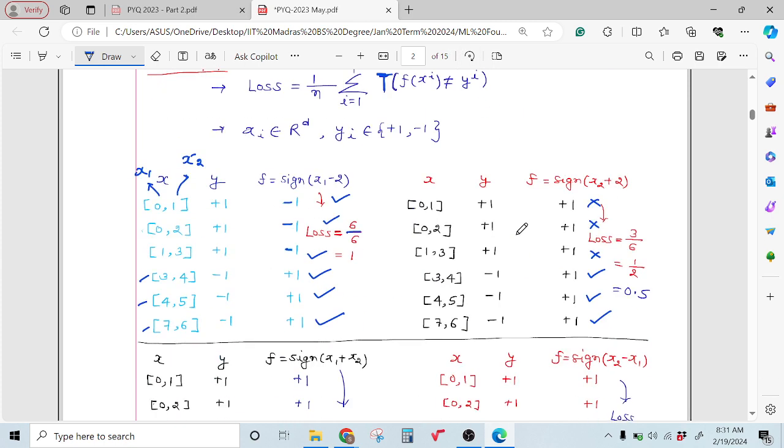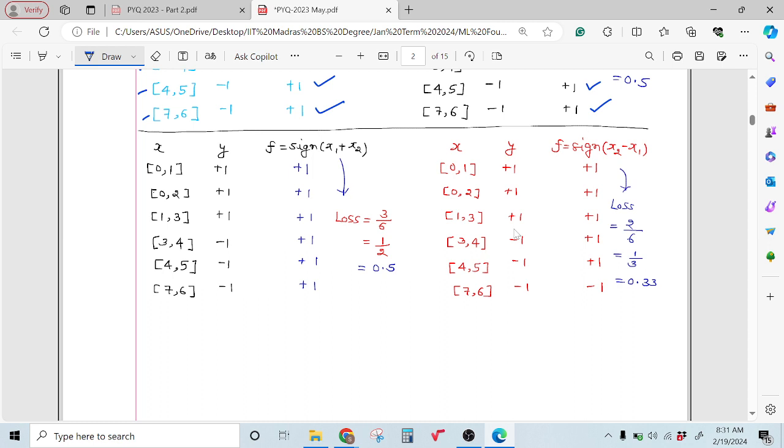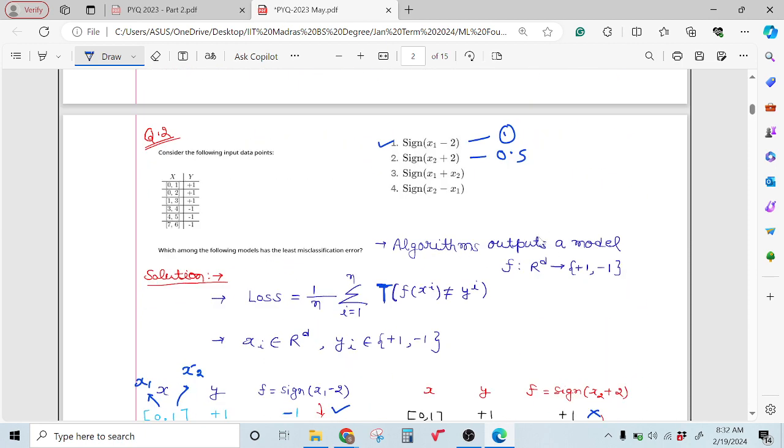For the third option, similarly we will calculate the loss. This is a deviation, this is not a deviation, this is not deviating from our actual output, this is also not deviating, this is deviating, this is also deviating, this is also deviating. So 3 input data are deviating from the actual output, so 3 by 6 is equal to 1 by 2. So the loss for the third option is also 0.5.